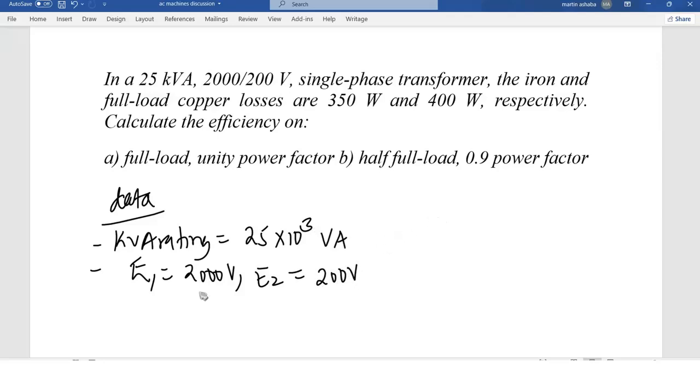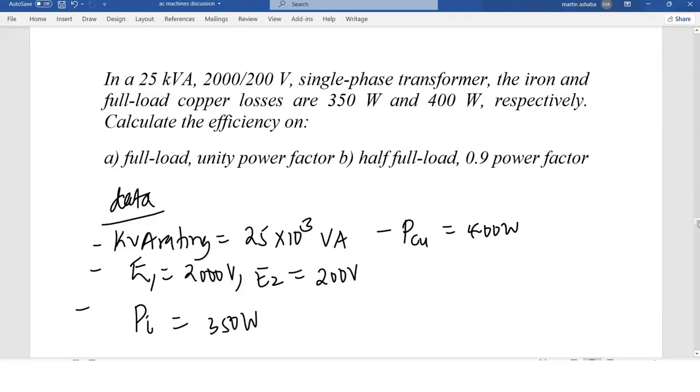Then we are also told that the iron losses, let us call it Pi, are 350 watts. And also the copper losses, P copper, is equal to 400 watts.